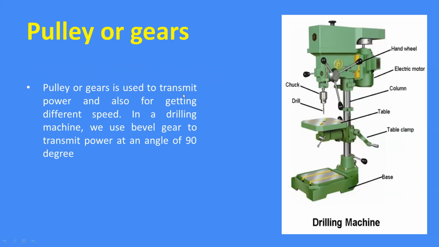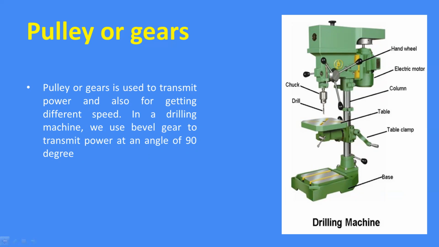Next one is the pulley or the gears. Where are the pulley or the gears used? They are used to transmit the power and also for getting different speeds. In a drilling machine we use bevel gears to transmit the power at an angle of 90 degrees.